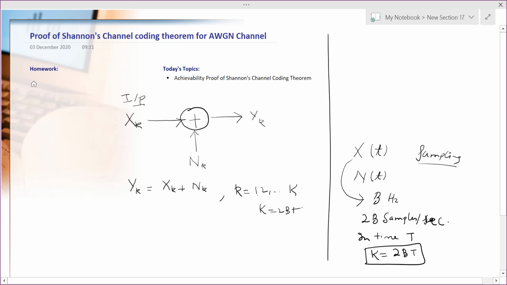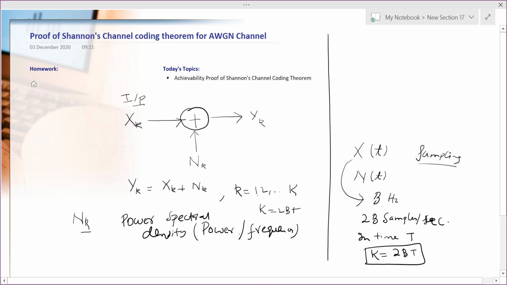And this noise nk, first of all, it is additive, and we assume that it is white. White means that its power spectral density, what is power spectral density? It is power per frequency, in simple words.